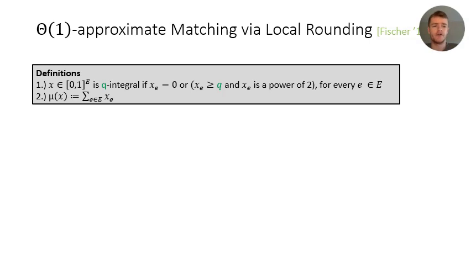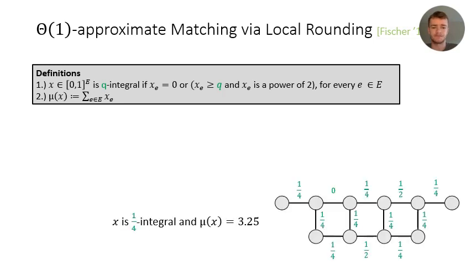And we also define mu of x as the matching size, so the fractional weight of x. So here in the example on the lower right corner, x is 1/4 integral, and the matching size, the fractional value, is 3.25.